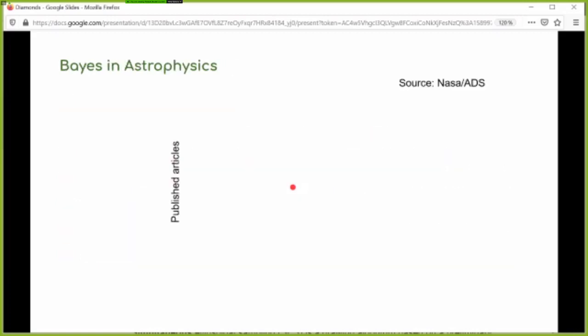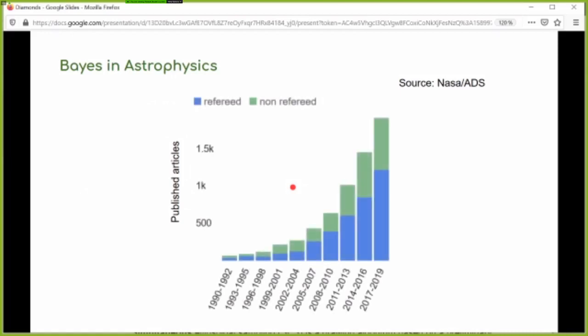For those of you that don't know much about Bayesian statistics and think it's something marginal, just for specialists, I would like to emphasize, based on this graph from the ADS website, the number of papers with the word Bayesian in the title from 1990 until 2019.